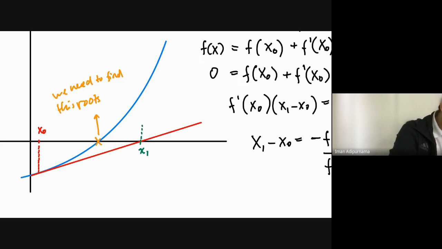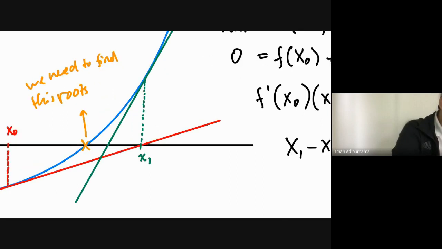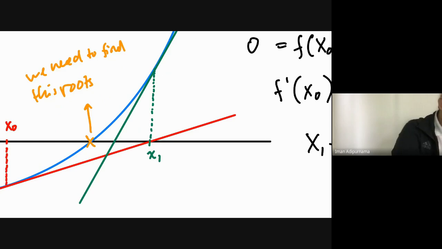So we have another line here. And let's say we have another one, and this is x2.